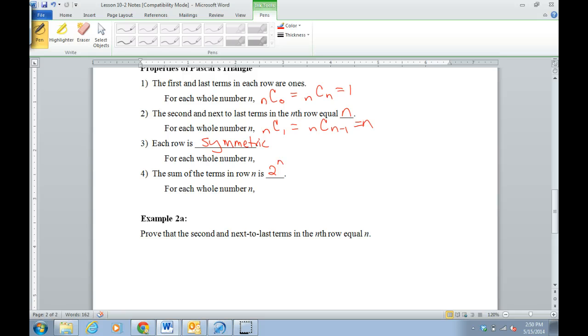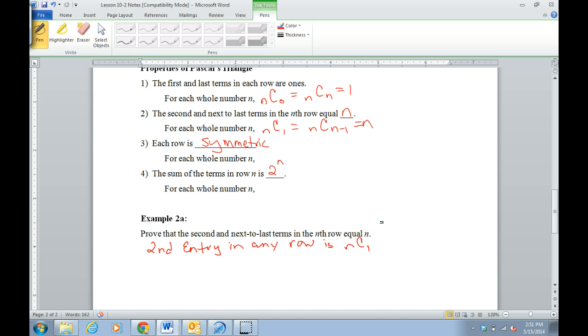So the first one tells us we have to do a proof. And I know how much you guys love geometry and want to go back and do proofs, but this is not that hard. What we're going to do is prove that the second and next to last terms of the nth row equal n. All we have to do is notice that the second entry in any row is n choose 1.